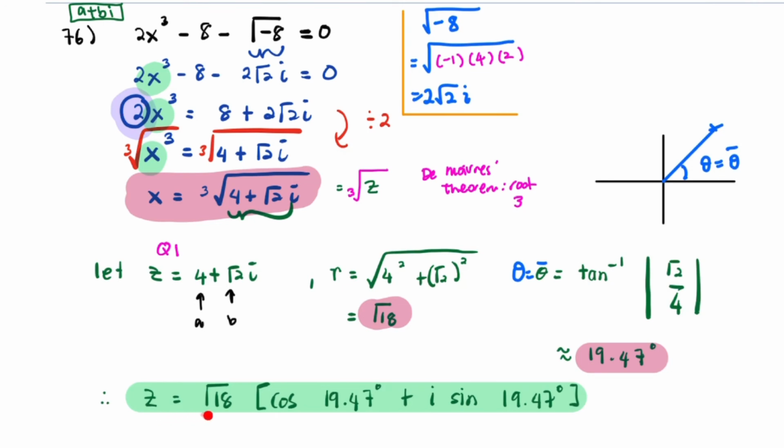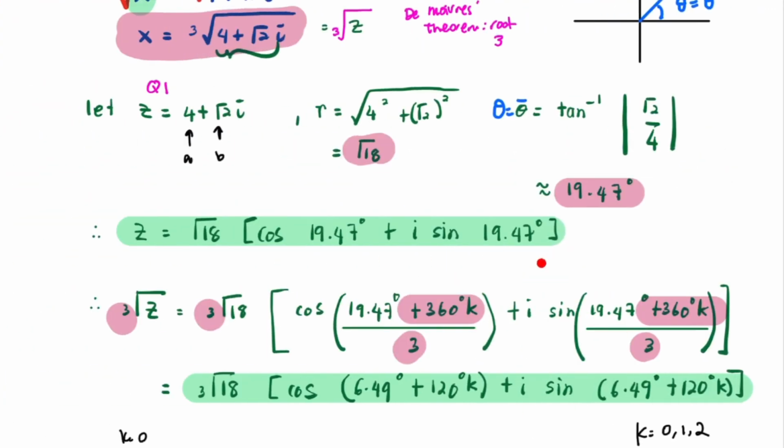Let's rewrite this in polar form. So root 18 in bracket cos 19.47 degrees plus i sin 19.47 degrees. So now we can use De Moivre's theorem. We want to take root 3. So now let's find our x. Our x is just cubic root of z. So let's apply the formula here. For your r here, let's take cubic root. Open the bracket.